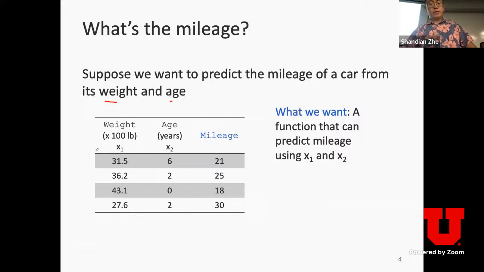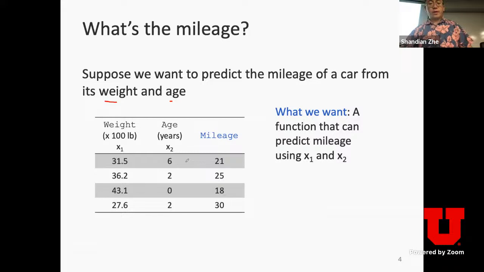So here, this small table gives you some sense of the data. Right? So we have x1, x2, and the mileage. And of course, this mileage should be like 21K, something like that, right? And the second row corresponds to another car: weight 36.2, age 2 years, and 25K mileage, and so on.